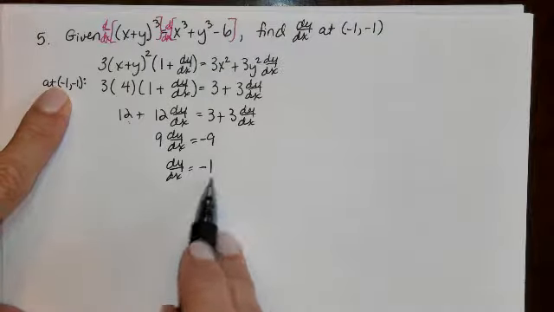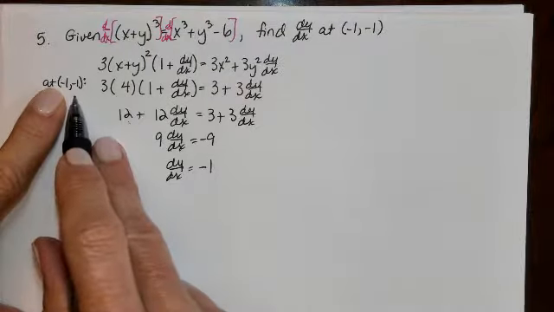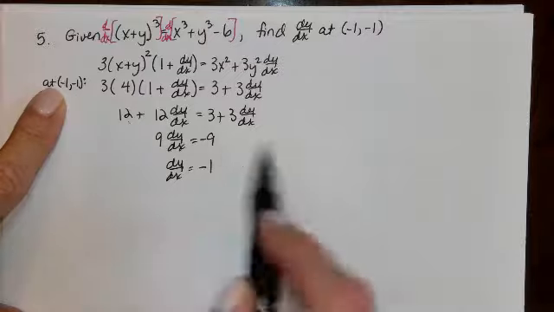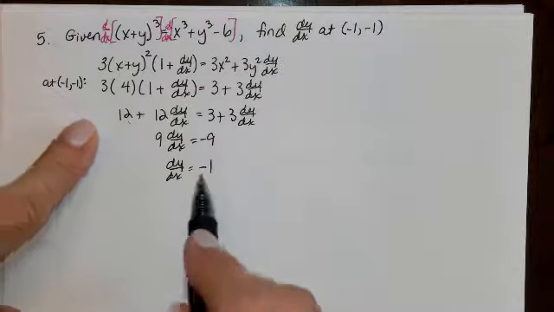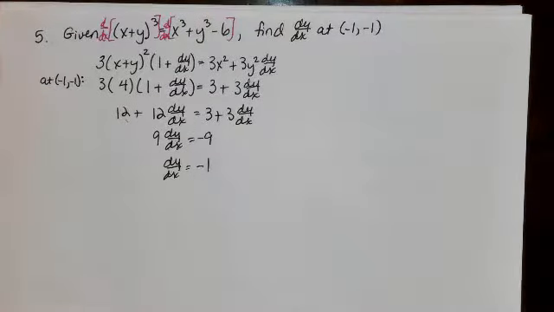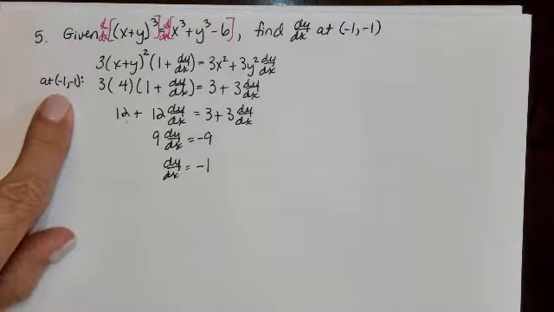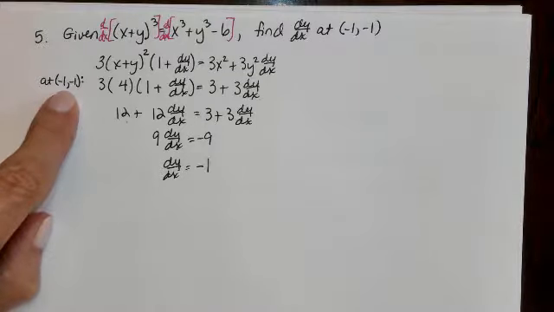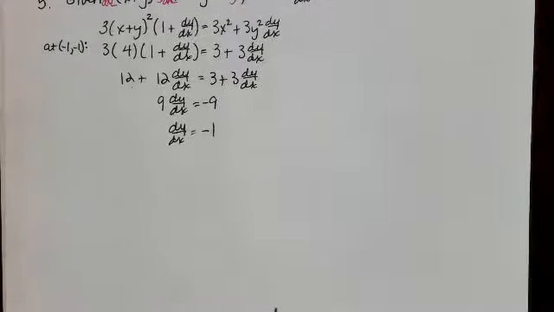It's only -1 at that point. Well, it may be -1 at some other point as well, but it's not always -1. So again, saying that is important. You will not get full credit if you don't tell me what you're doing.